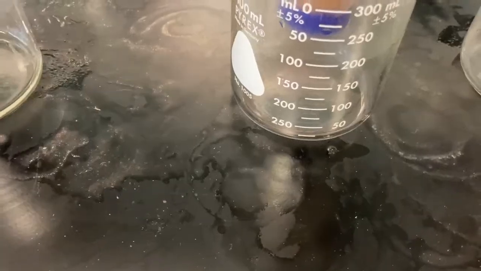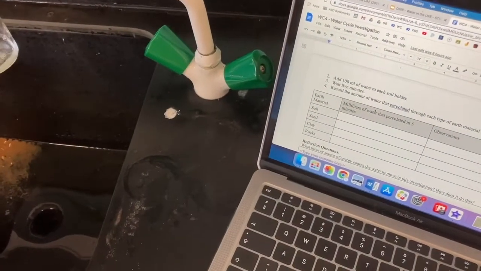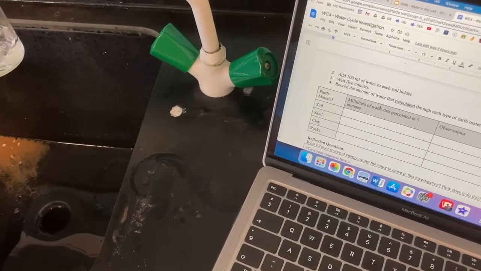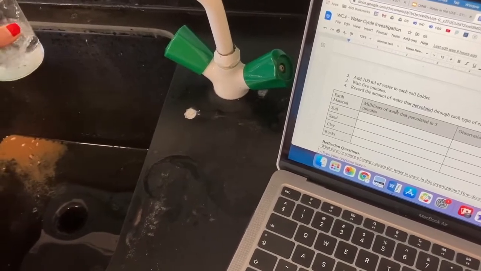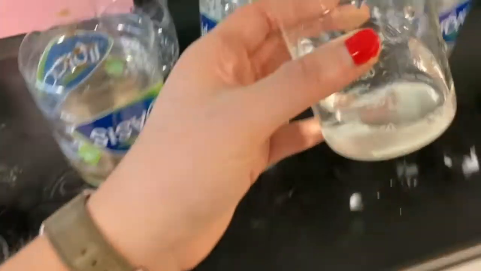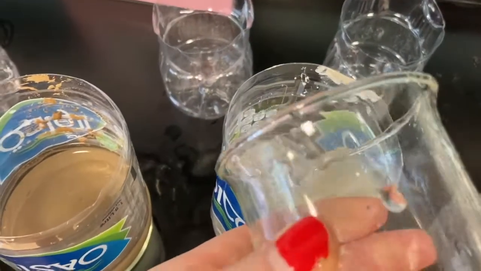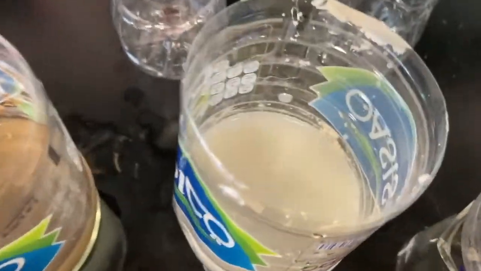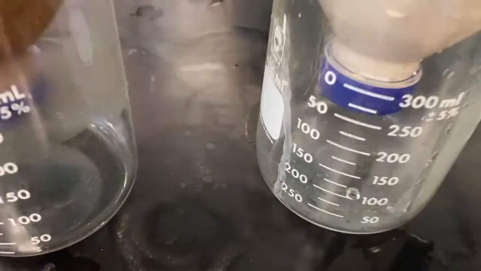It's not percolating through. And we've got 100 milliliters into the clay, and it's a lot like the sand. No water is traveling through.